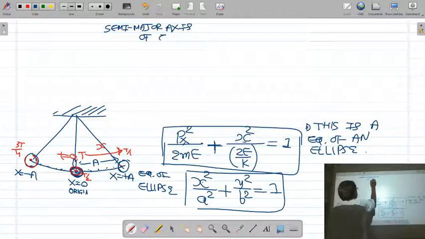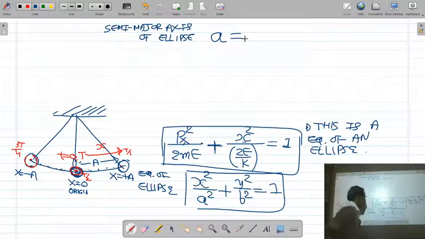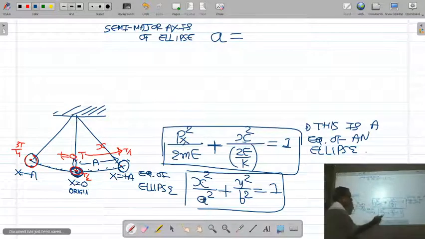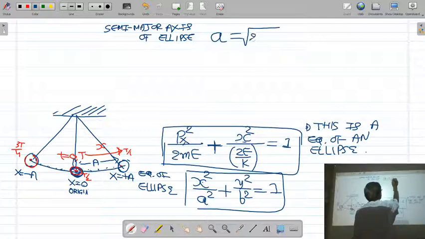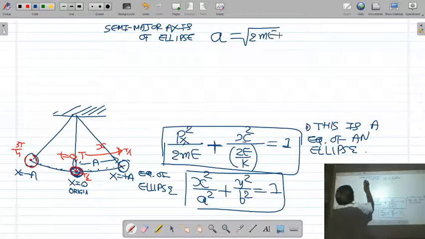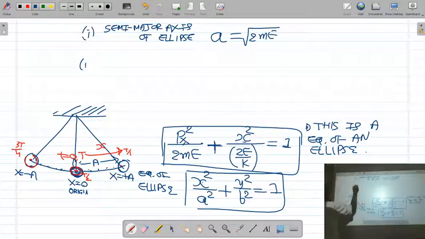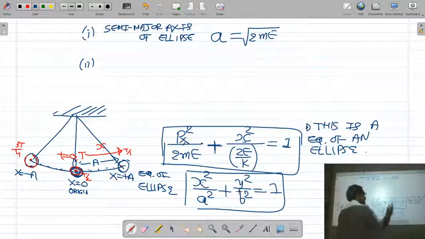A is equal to, you can compare both equations, A square is equal to 2mE. So the semi-major axis of the ellipse is under root 2mE. If you compare with the second term, B is the semi-minor axis of the ellipse, B square is 2E by k.